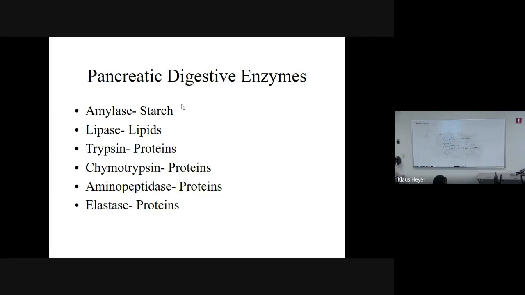If I were to choose proteins, you would list a total of 5. Those 4, and then you have to add 1 to it. Which one are we going to add to it? Pepsin. Pepsin's not made in the pancreas, is it?